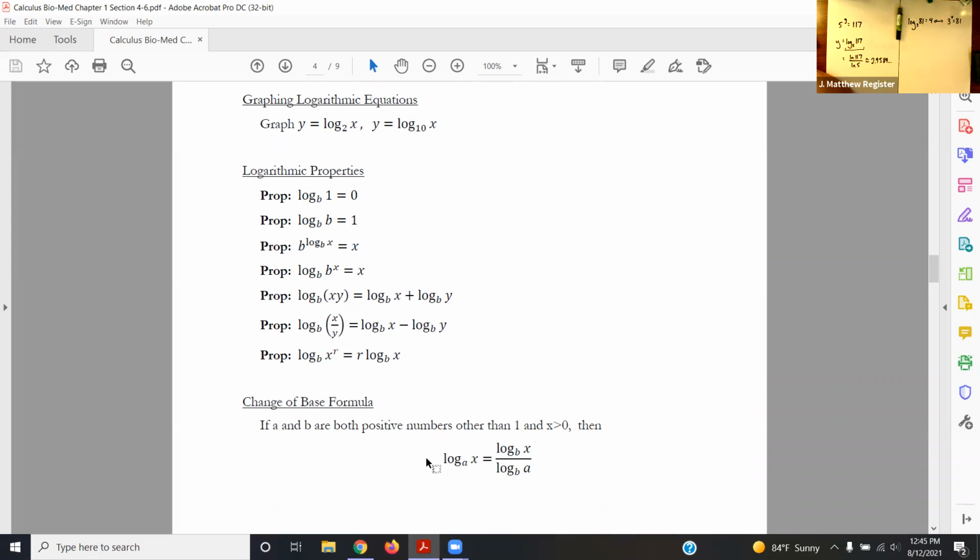We'll use that property a couple of times this semester. Then there's our change of base formula, which we have already used multiple times. Log base a of x is equal to log base b of x over log base b of a, which really I usually go to natural log because natural log is kind of natural. It's the log base e.